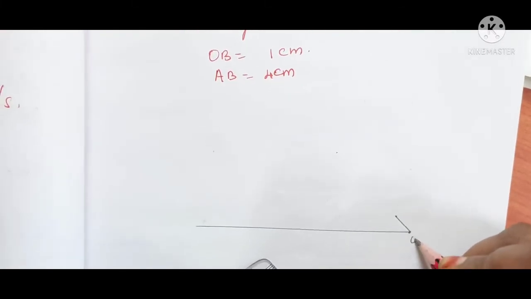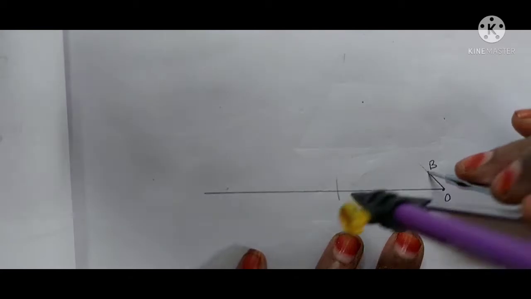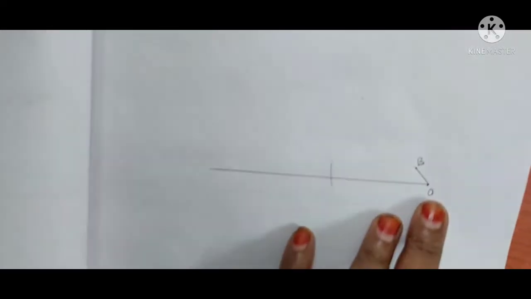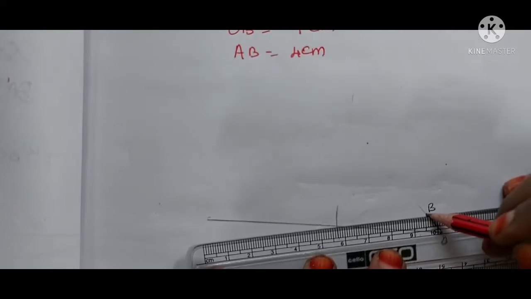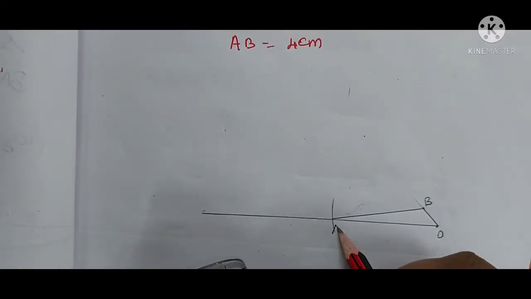This point is the origin O and this is B. Measure 4 centimeters and mark it on the same line, because the slider and the crank origin lie in the same line in a single slider. Then join point B and this point, and take this point as A.